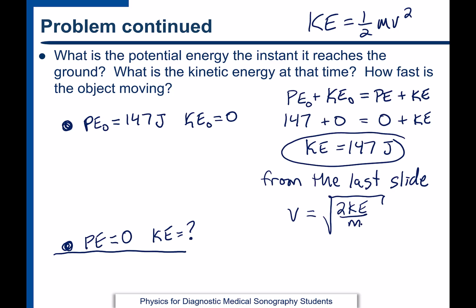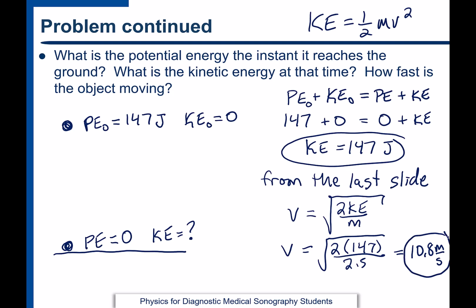Once you figured that out once, just keep a note of it if you need it in a different problem. So in this case, v is equal to the square root of 2 times 147 divided by the mass, which is 2.5. And if you work that out, you should get 10.8 meters per second. So that would be our final velocity, the velocity that object has just as it gets to the ground. So again, we're always talking about right as it gets there, not once it's hit the ground.